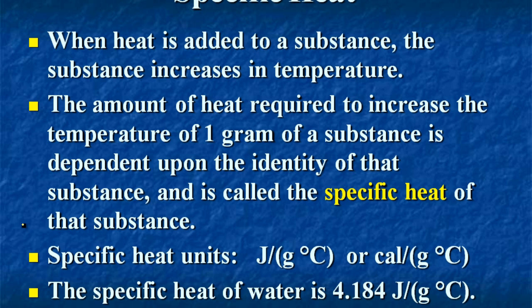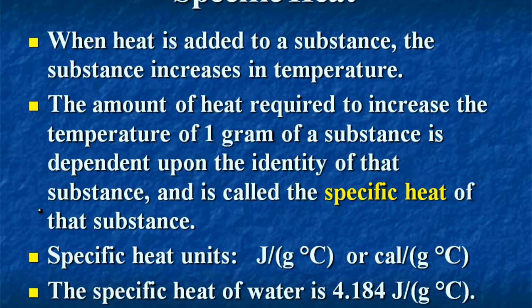And as I said in the lab, specific heat for a particular substance is a constant for that substance. Every substance has its own specific heat. It depends upon the identity of that substance. And the units of specific heat are joules per gram degree Celsius.